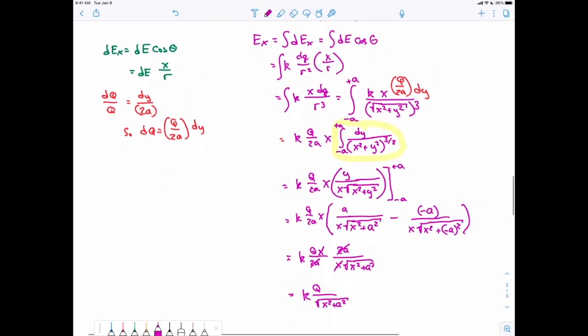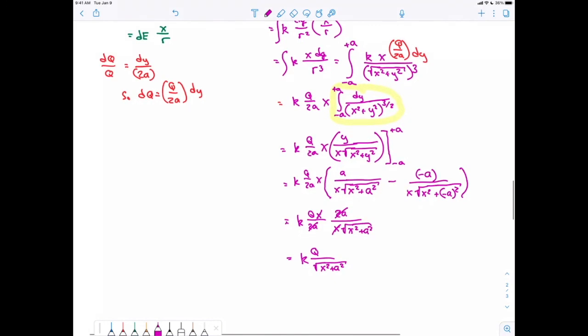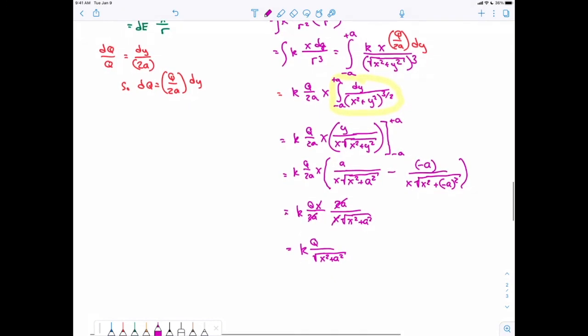I see the x canceling, but I don't think there should be an x canceling. Oh, so sorry. Yeah. Actually, I made a mistake. I'm going to correct it in a moment. But first, let me show you how I figured out that I made a mistake.